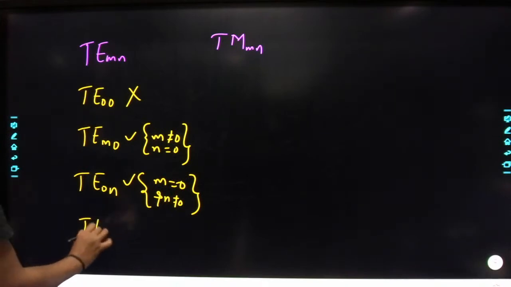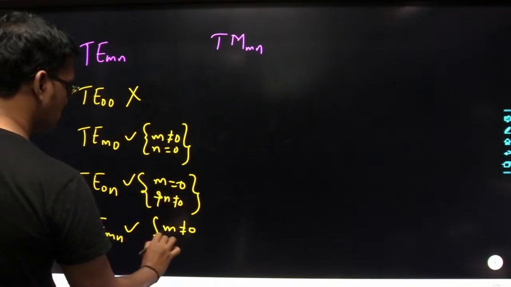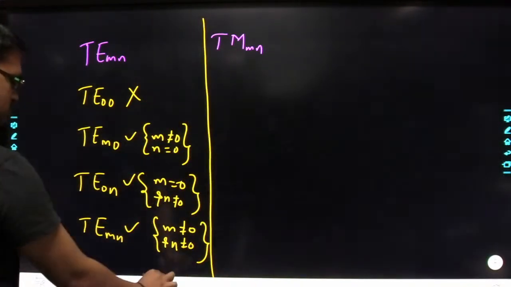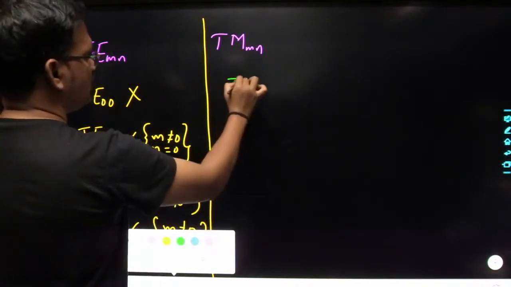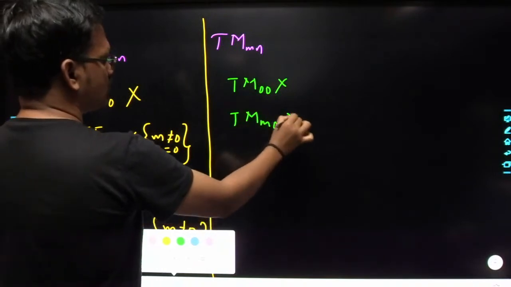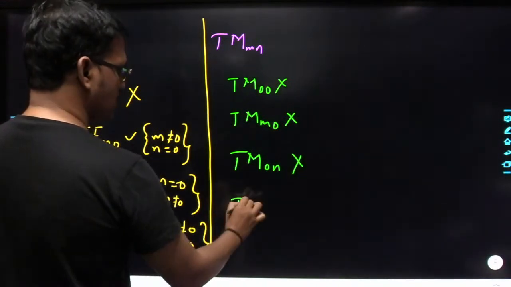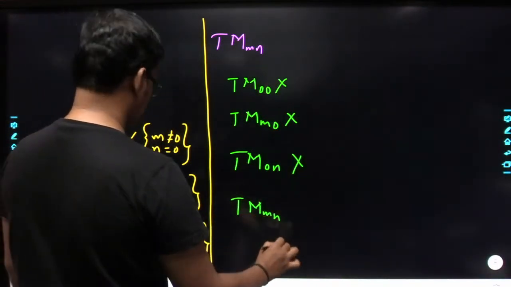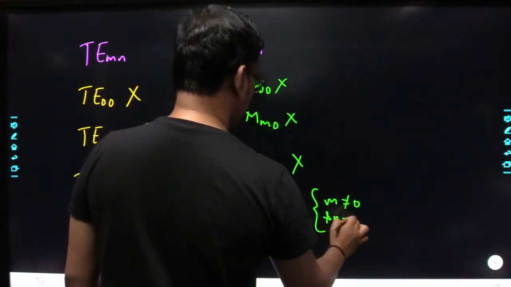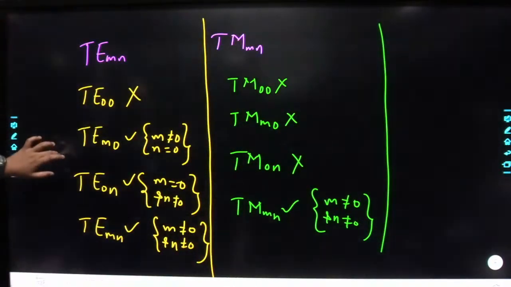Next, TEmn mode is also possible, here m not equal to 0 and n not equal to 0. Whereas for TM case, TM00 mode is not possible, TMm0 mode is also not possible, TM0n mode is also not possible, TMmn mode is possible. Here m not equal to 0 and n not equal to 0. Only these modes are possible in case of TM.